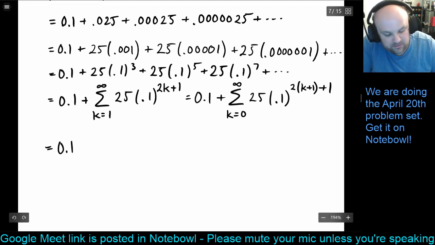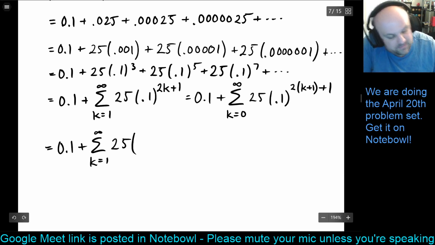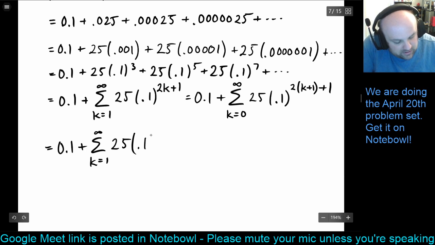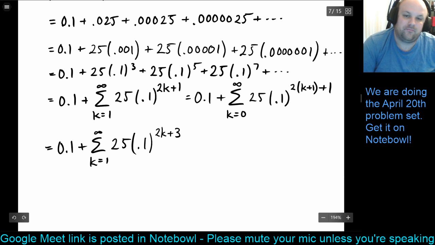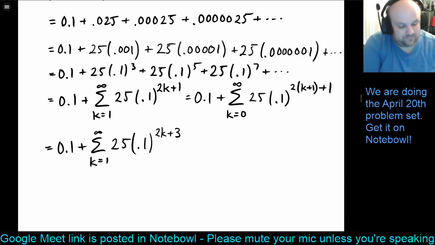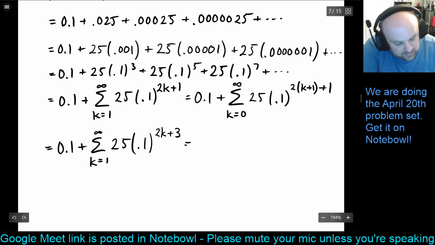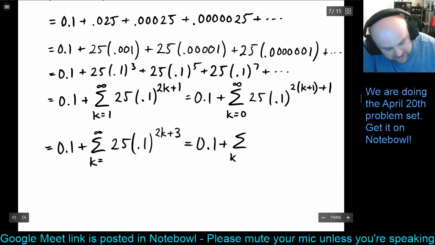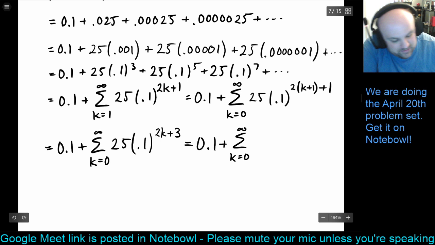Now this is 0.1 plus sum, k equals 1 to infinity. It's 25 times 0.1 to the 2k plus 3. All right. So that's going to give us 0.1 plus, oh, sorry, I don't know why I changed back to 1 here. It's supposed to be 0.